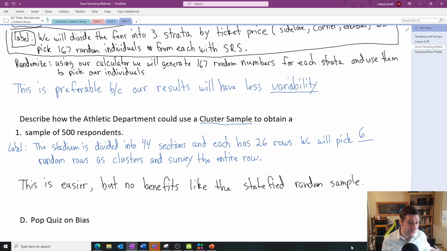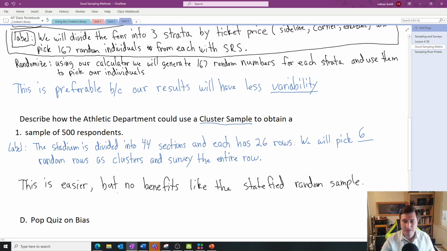So if you can do a stratified, it's better because you get benefits of less variability, but oftentimes cluster is just so much easier. You can usually do many more clusters more easily than stratified if you want less variable data.